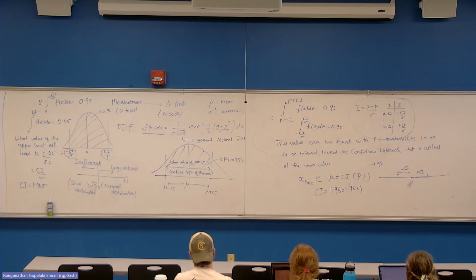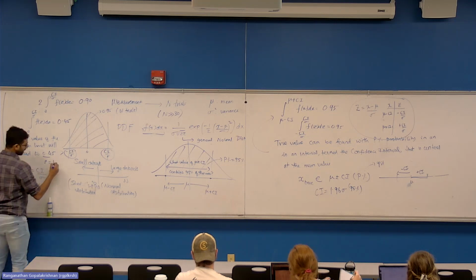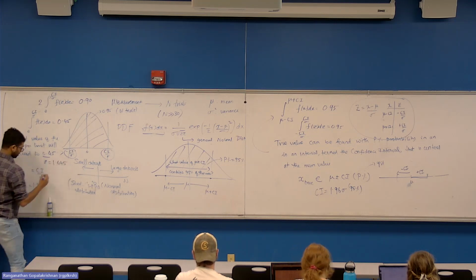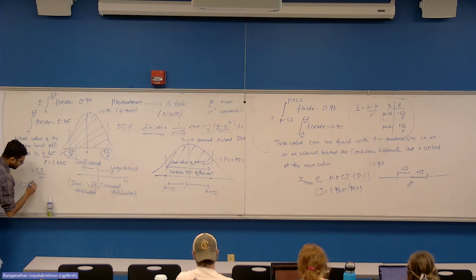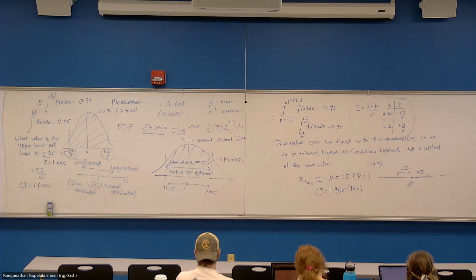It's between 1.64 and 1.65, right? So we'll say 1.645. This will be 1.645 sigma, for 90% probability. This could be on the test.